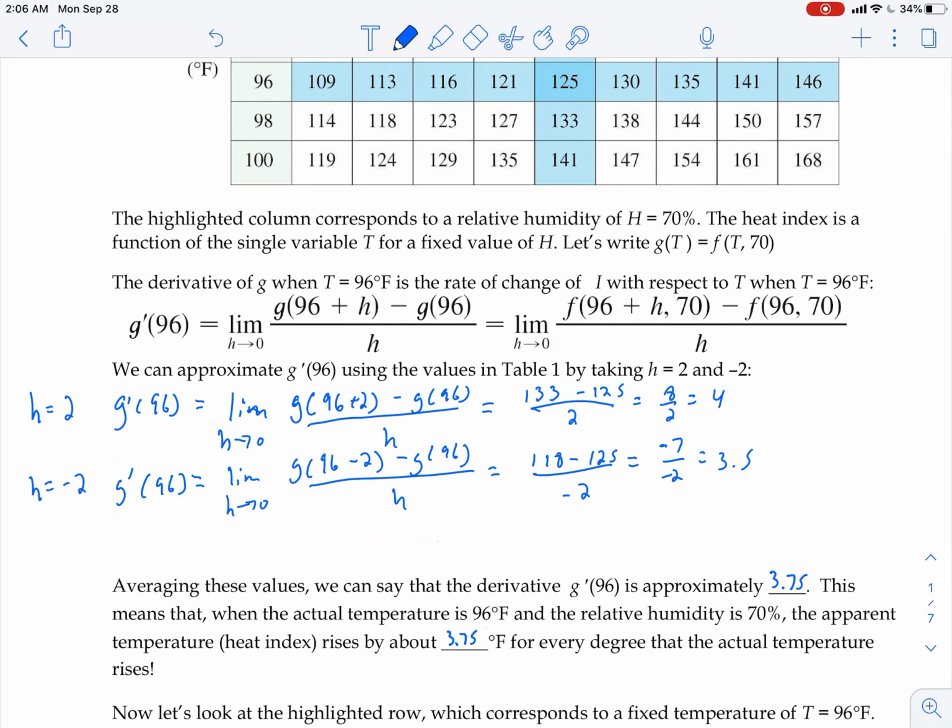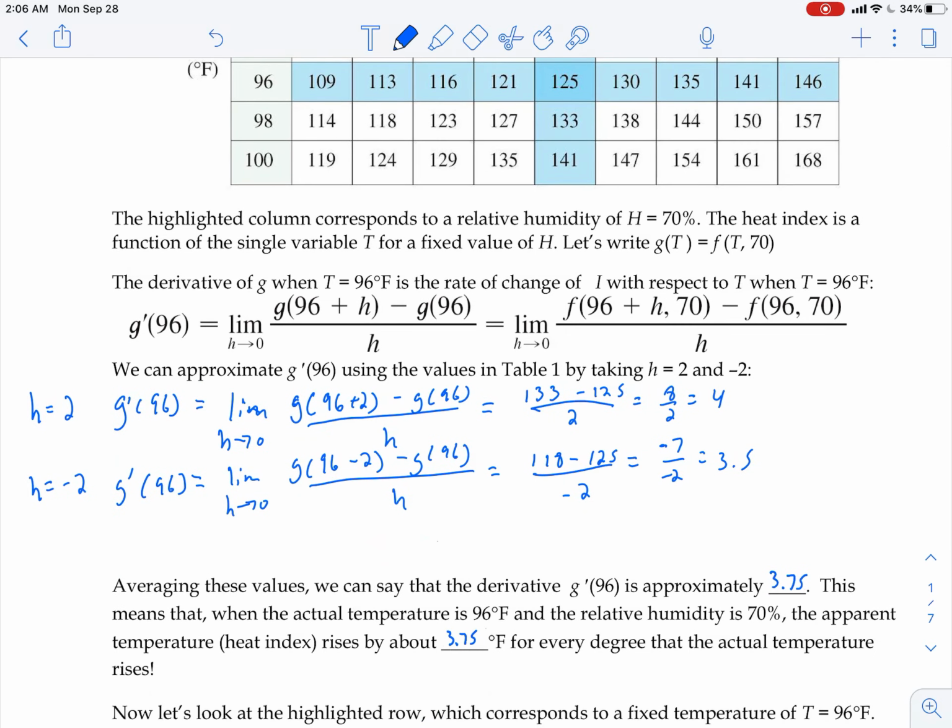This means that when the actual temperature is 96 degrees Fahrenheit and the relative humidity is 70%, the apparent temperature, the heat index, rises about 3.5 degrees for every degree that the actual temperature rises. Now, let's look at the highlighted row, which corresponds to the fixed temperature T equal to 96 degrees Fahrenheit.